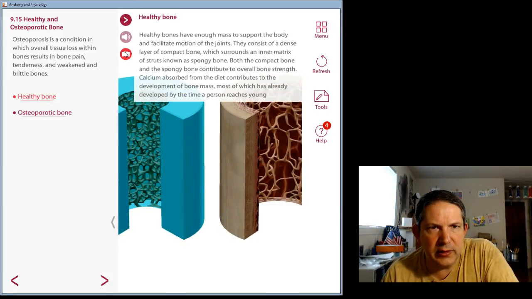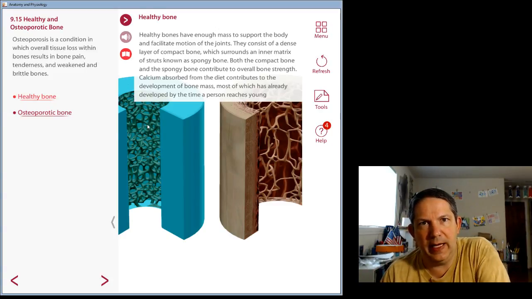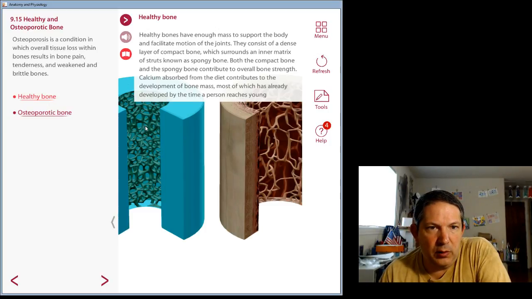Healthy bones have enough mass to support the body and facilitate motion of the joints. They consist of a dense layer of compact bone which surrounds the inner matrix of struts known as spongy bone, also called cancellous bone. Both the compact bone and the spongy bone contribute to overall bone strength.